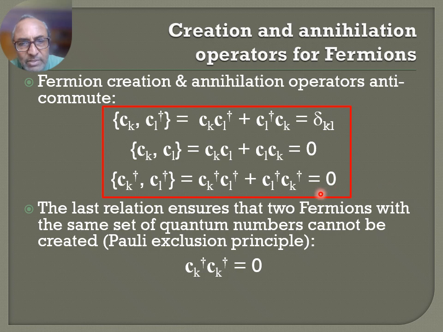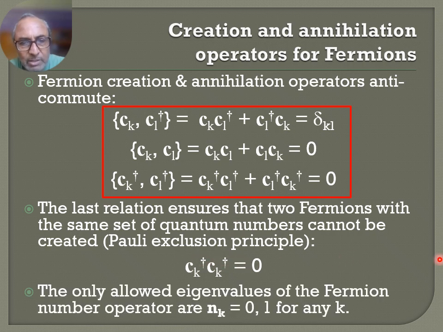This last relation ensures that we cannot create a state with two fermions in the same set of quantum numbers, and this is the Pauli exclusion principle. That is, c_k dagger c_k dagger is equal to 0. The only allowed eigenvalues of the fermion number operator are now n_k equal to 0 or 1 for any k.